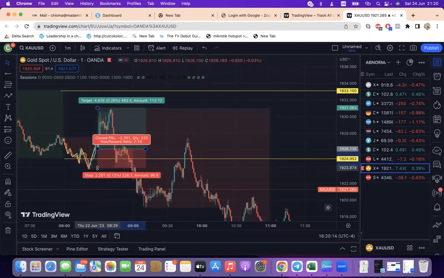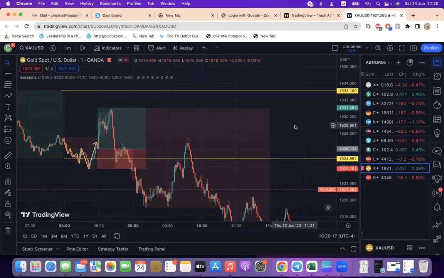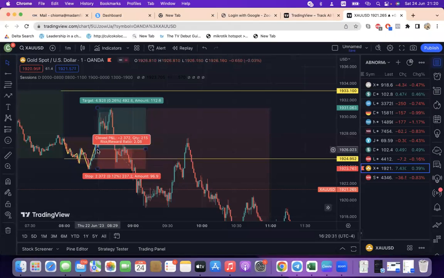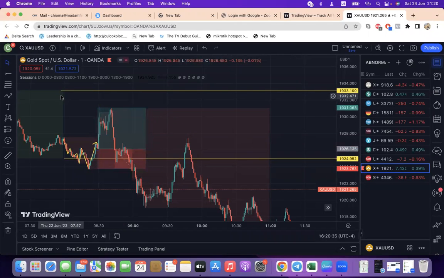This is a 1:2 right there. It's very clear. So you have seen her, a small downtrend, a change of character, an entry at the fair value gap, and there you go. That's it. A 1:2 target.